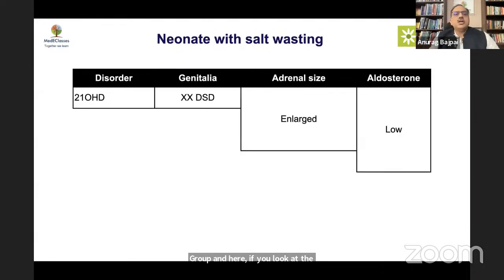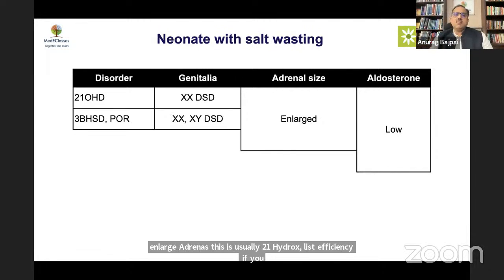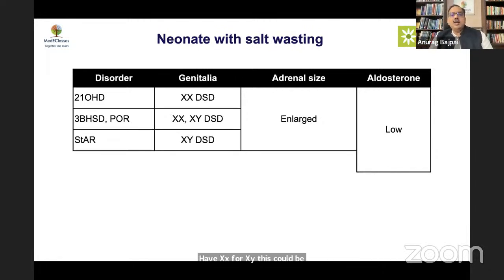in that regard. So if you have an individual who has got an XX DSD with enlarged adrenals, this is usually 21-hydroxylase deficiency. If you have XX or XY, this could be 3-beta and POR. And if you have an XY DSD with large adrenals, you're dealing with a StAR defect.